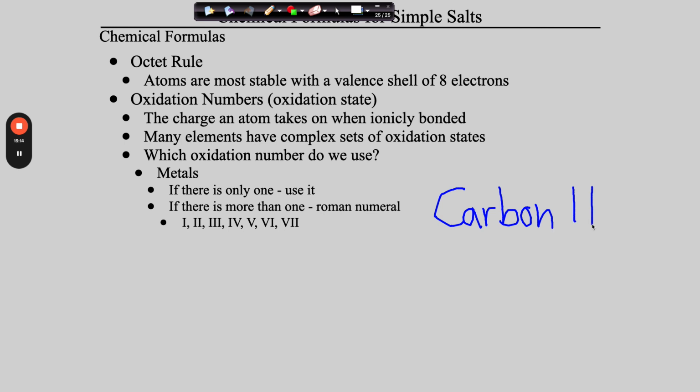Well, if we want to do +2, we call it carbon (II), or carbon 2. If we want to use +4, then it's Roman numeral IV. So the Roman numerals tell us which charge to use. But again, that's only if there's more than one charge. If we have aluminum, that can only be +3, so we don't use the Roman numeral.